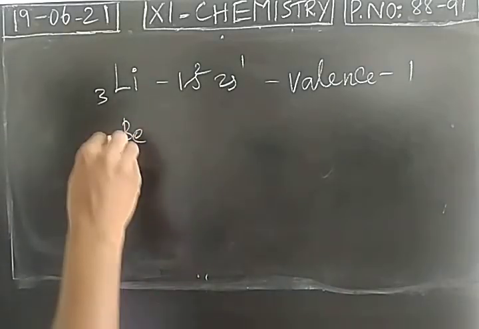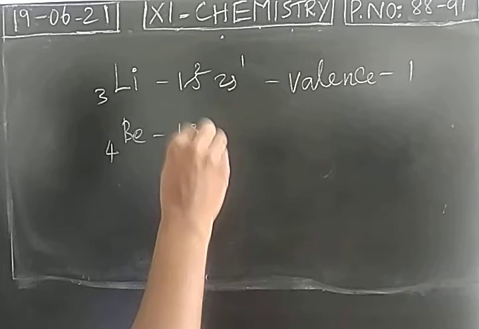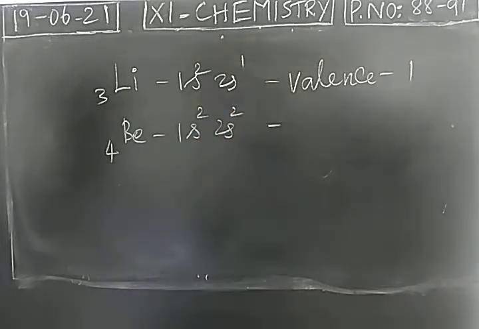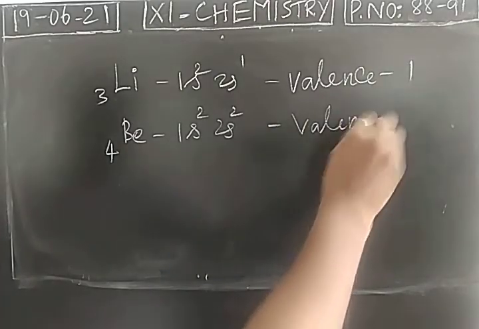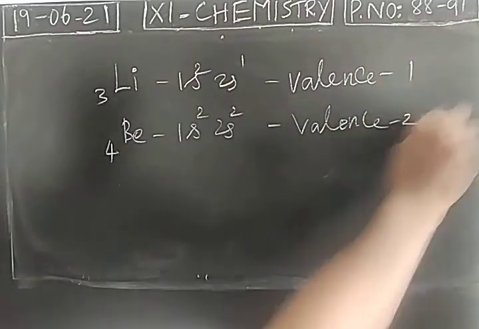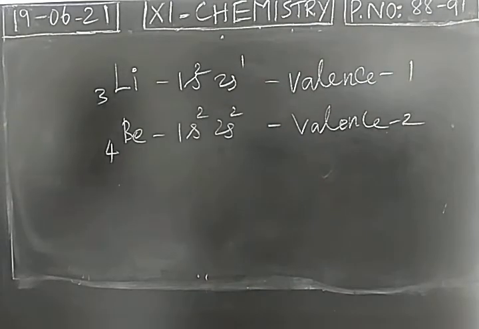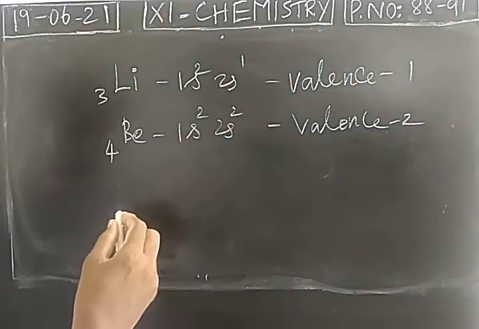We take beryllium with atomic number 4. Electronic configuration 1s2 2s2, valence shell is the second shell. The last shell is the second shell. So the number of valence electrons is 2, so valence is 2.